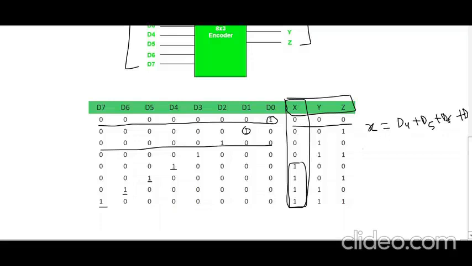Also Y you can write as D2 plus D3 plus D6 plus D7. This is how you can write Z also, and please comment the answer.